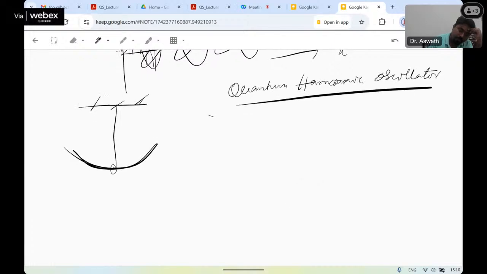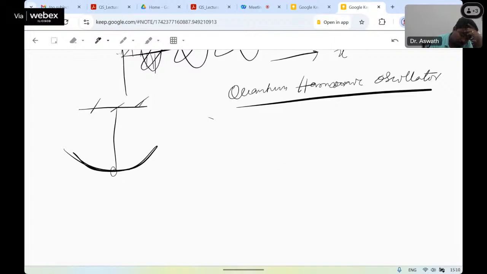So for me, what is a pendulum? A pendulum has kinetic energy when it is oscillating. If it is not oscillating, it will have potential energy. If it is raised from the floor, it will have some potential energy depending on the height: m g h, the mass of the object, gravity, and how much it is raised.